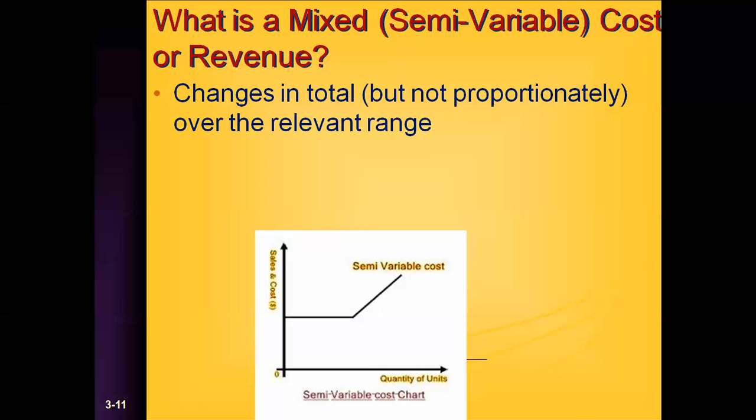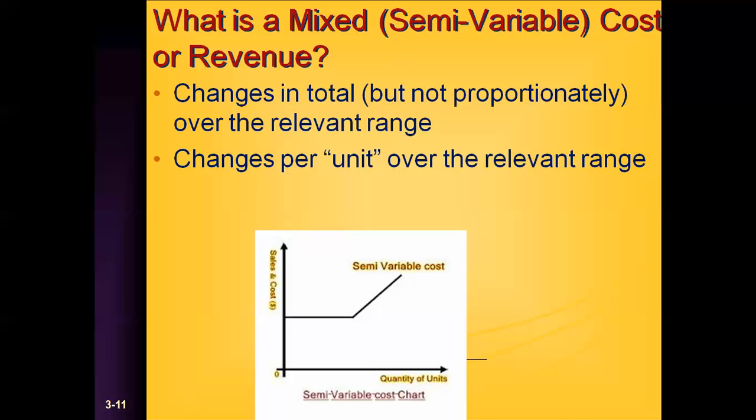Okay, so we've talked about fixed costs, we've talked about variable costs. Now there's a third category, which is called semi-variable costs. Now, these are kind of strange birds in that they're not necessarily fish or fowl. They don't necessarily change proportionally with volume. They may remain fixed for a certain period of time. That's why they're called mixed costs.